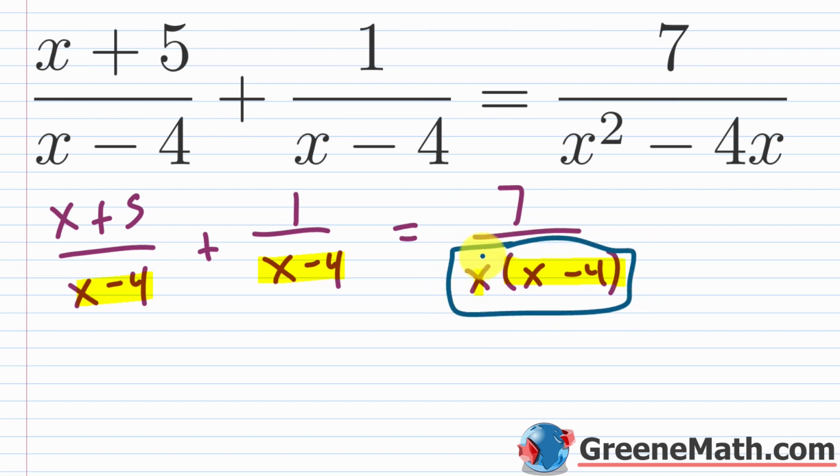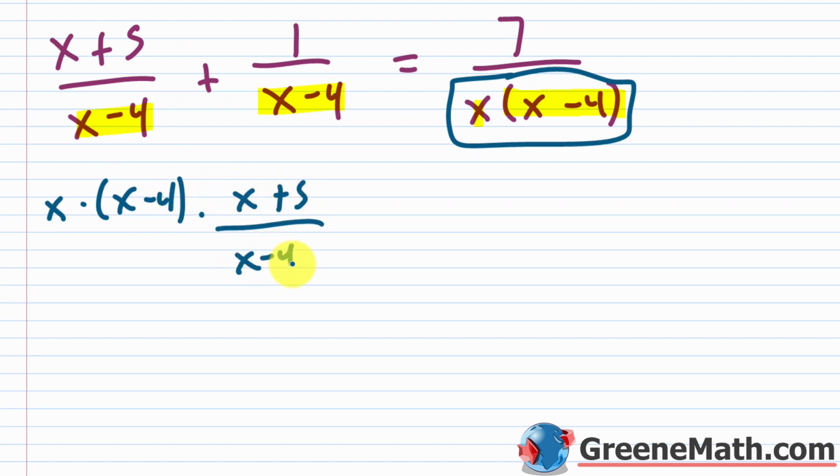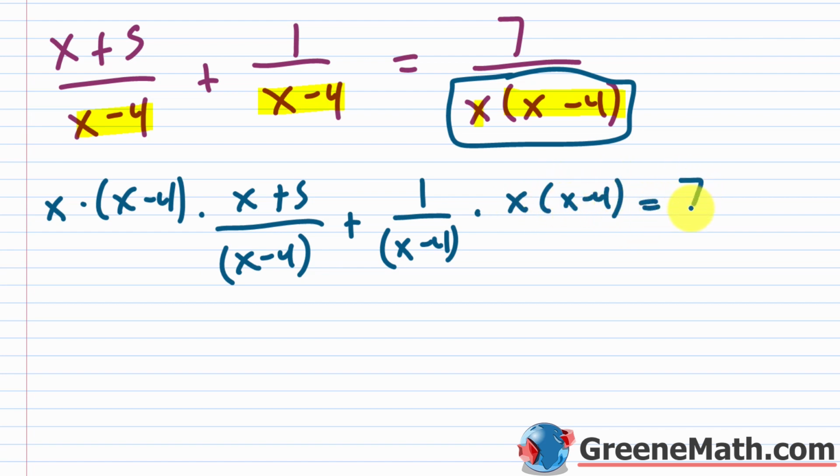All right, so let's multiply everything by the LCD. And so I think I can write it out here. It's pretty small. So x times the quantity x minus 4. Then we basically have times this x plus 5 over this x minus 4. You could wrap this if you want. Then plus 1 over x minus 4. Then times this x times the quantity x minus 4. And this equals 7 over this x times the quantity x minus 4.